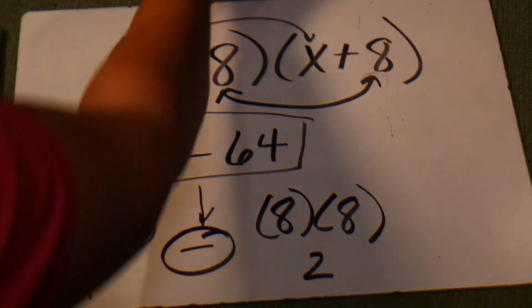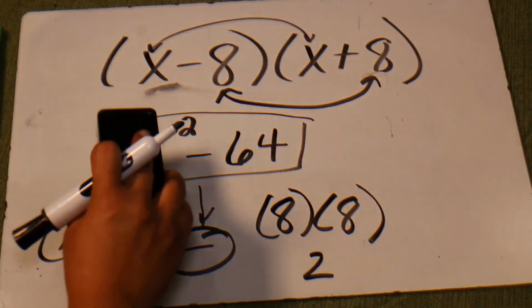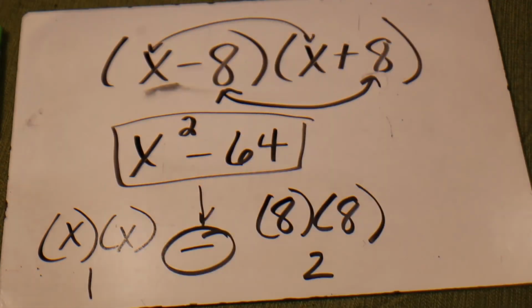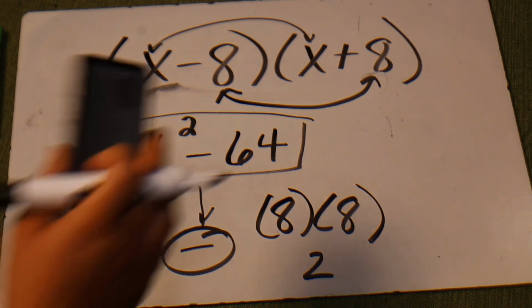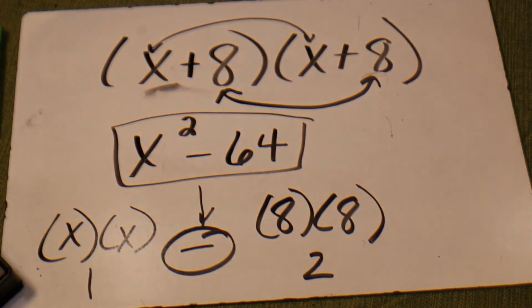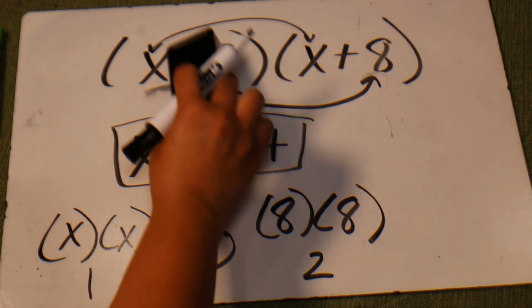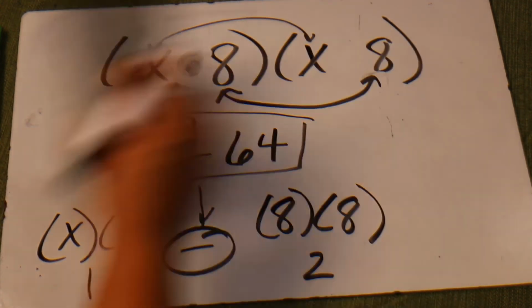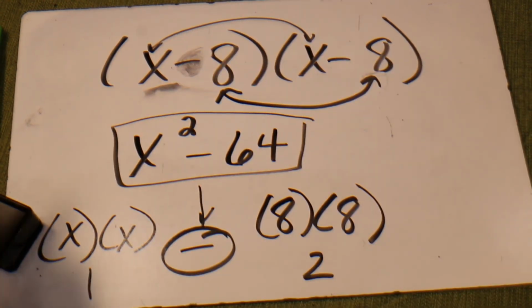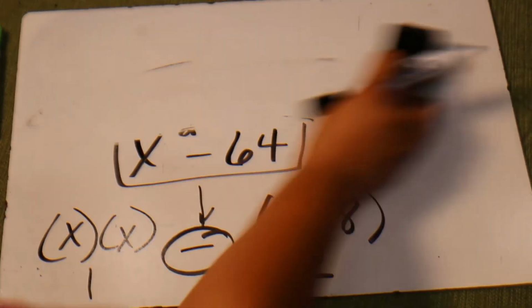So remember, the x has to be the same, the number has to be the same, but the signs are different. That's the only time it works. If both of these signs were plus, that rule does not work. If both of the signs are negative, that does not work. They have to be opposite.